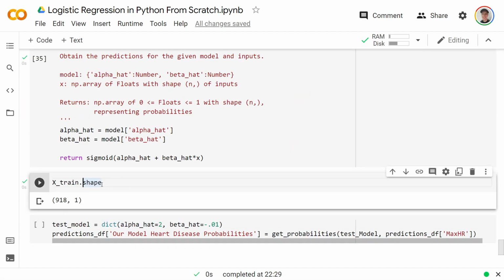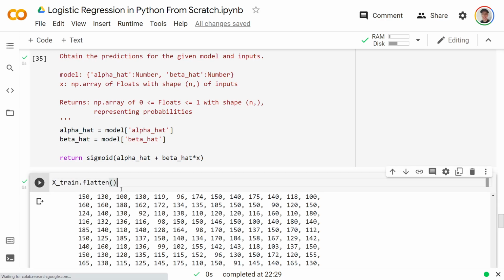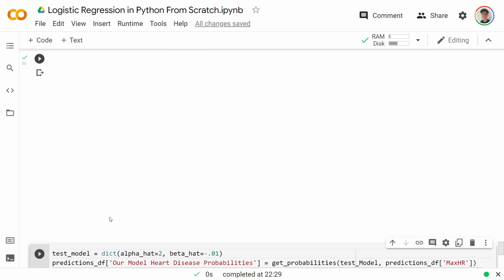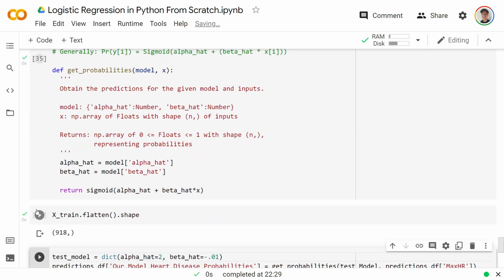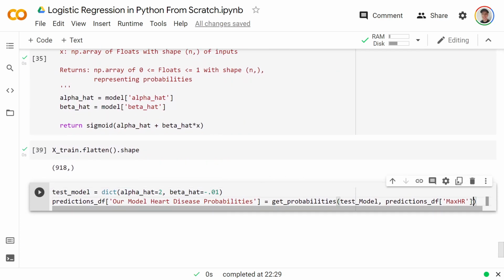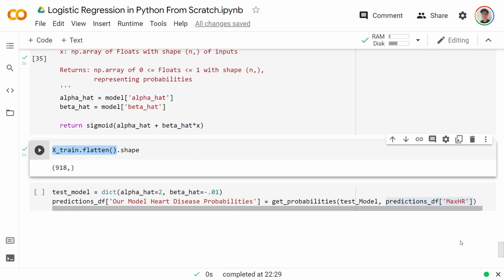If we flatten this thing, xtrain.flatten, that removes that extra dimension we don't really want. We can ask its shape, and it's right there, 918 comma. So I'm going to replace this with xtrain.flatten, which is just the max heart rate here.